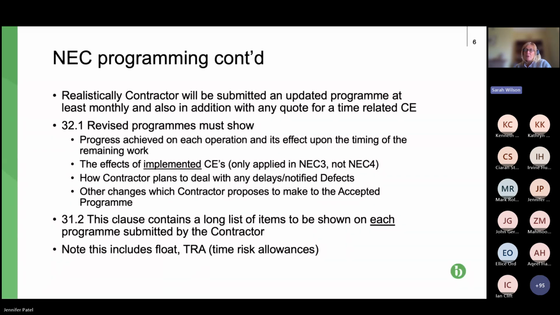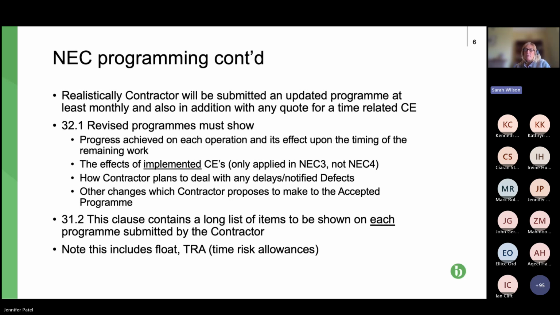So of course that's usually at the end of the commercial process regarding the CE, so it doesn't reflect reality in the interim period between the CE arising and it being implemented.